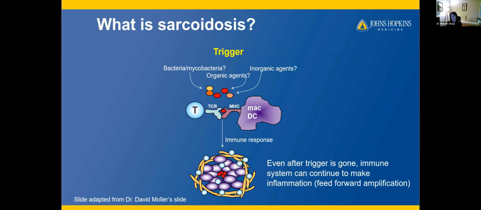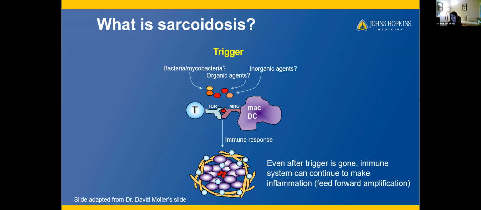And the other very important thing to note is that even after the thing that started it all is gone, the trigger is gone, the immune system can actually continue the inflammation. And this is called feed-forward amplification. But it's important to know that your trigger may have been years ago, but it set the immune system off to cause this ongoing inflammation.